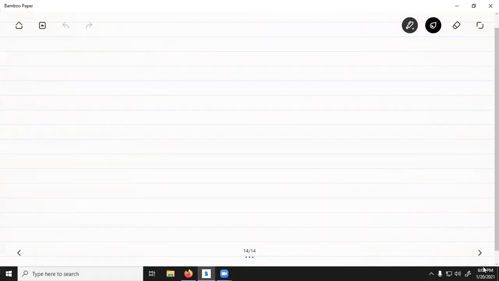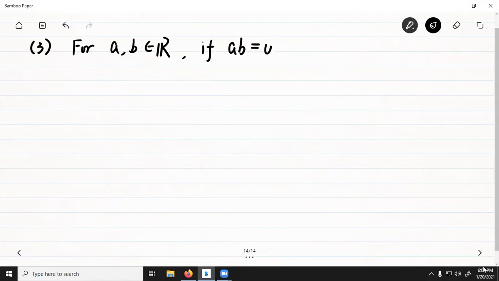The third remark. For any two real numbers A, B, if A times B equals 0, then A equals 0 or B equals 0.